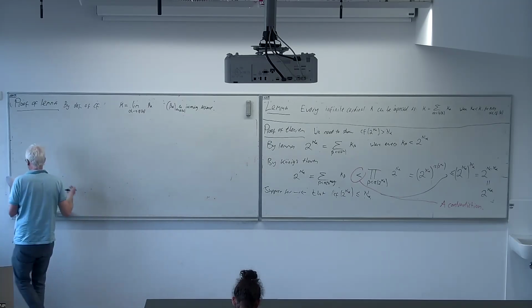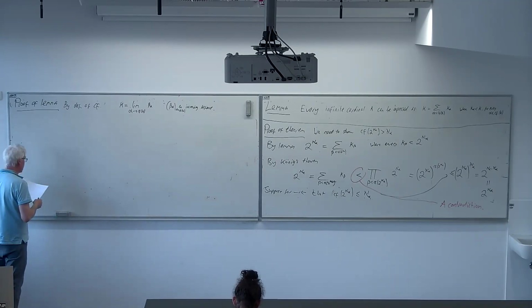Because the cofinality is the shortest sequence that we can get kappa in this way from, so in particular we can get kappa in this way.